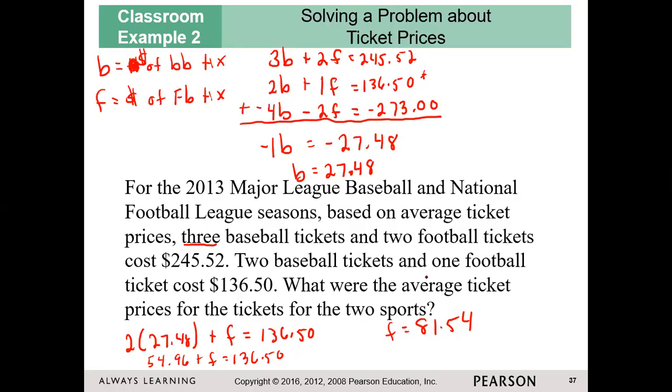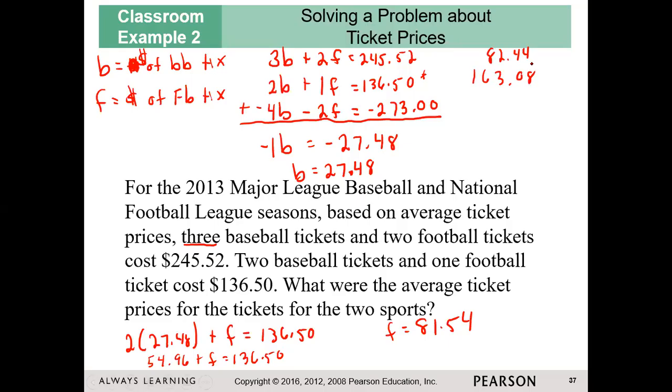Perfect. And again, you could always check your answer by taking these values, this 27.48 and this 81.54, and substituting them into the other equation to see if you still get a valid solution. So let's just quickly do that while we're at it. 3 times 27.48 gives you 82.44, and then 2 times 81.54 gives you $163.08.